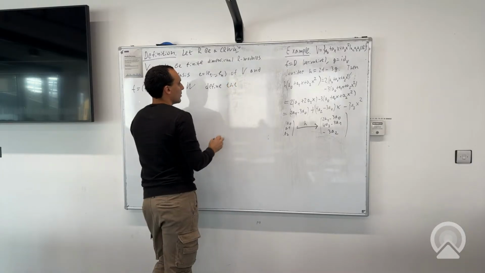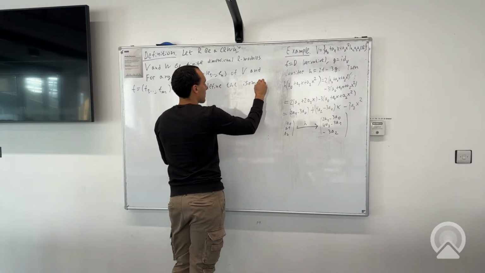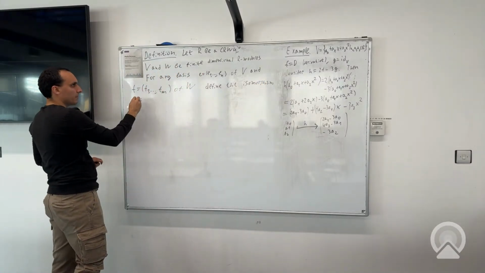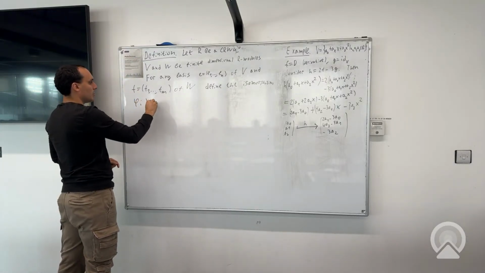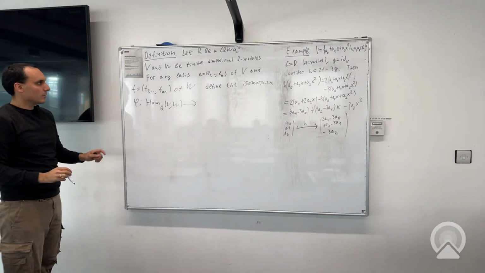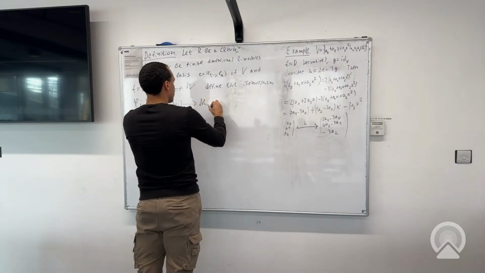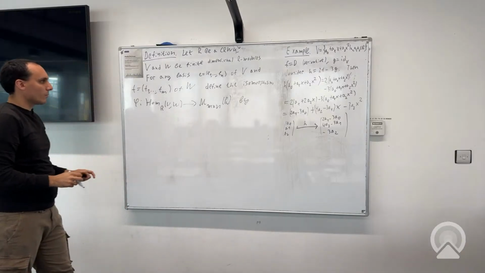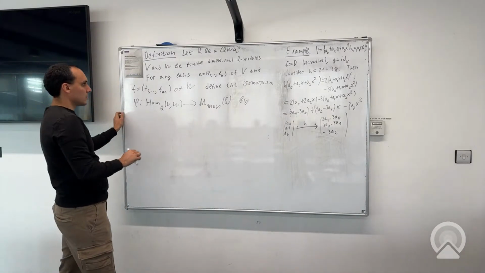isomorphism phi from the space of linear maps to the space of matrices of dimension m times n, as follows.